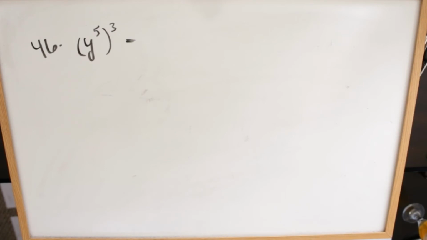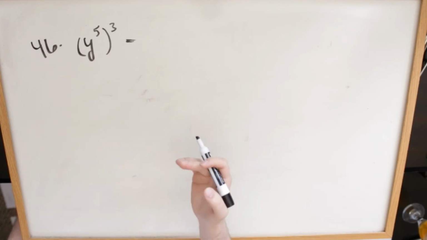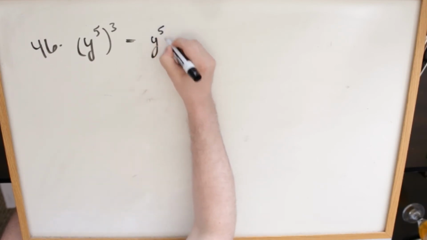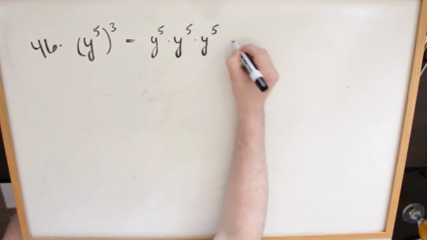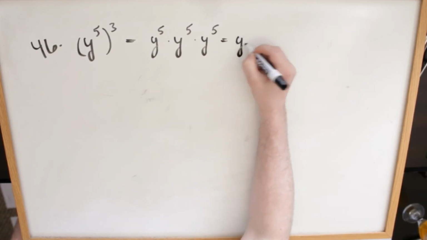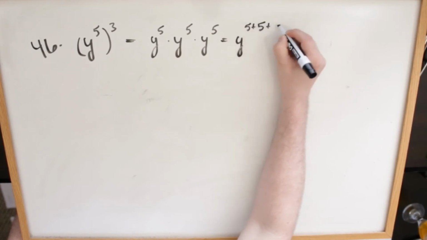Now what we're doing, again, you can think of it, I'll write this first one out, but then we're just going to go ahead and just start multiplying. So this is the same as y to the fifth times y to the fifth times y to the fifth, which is equal to y to the 5 plus 5 plus 5.